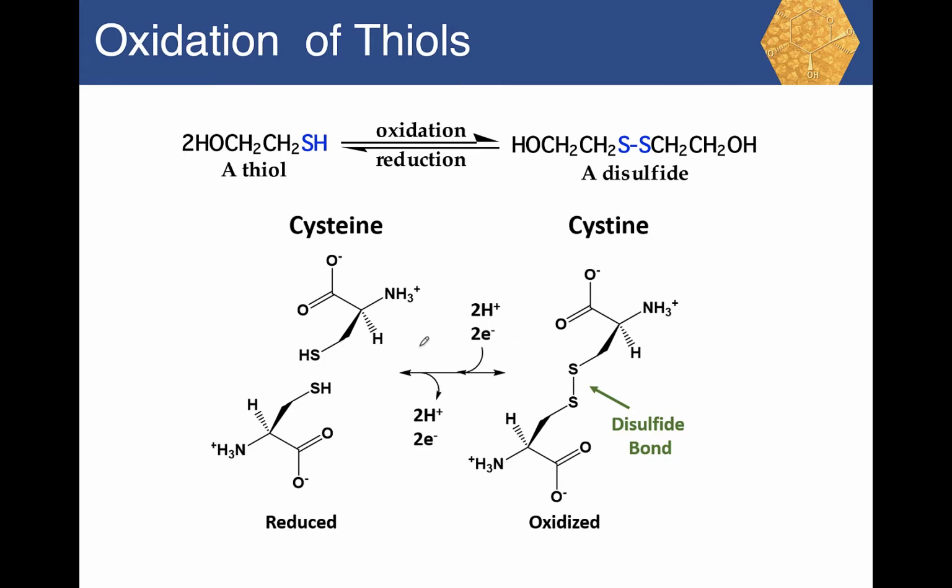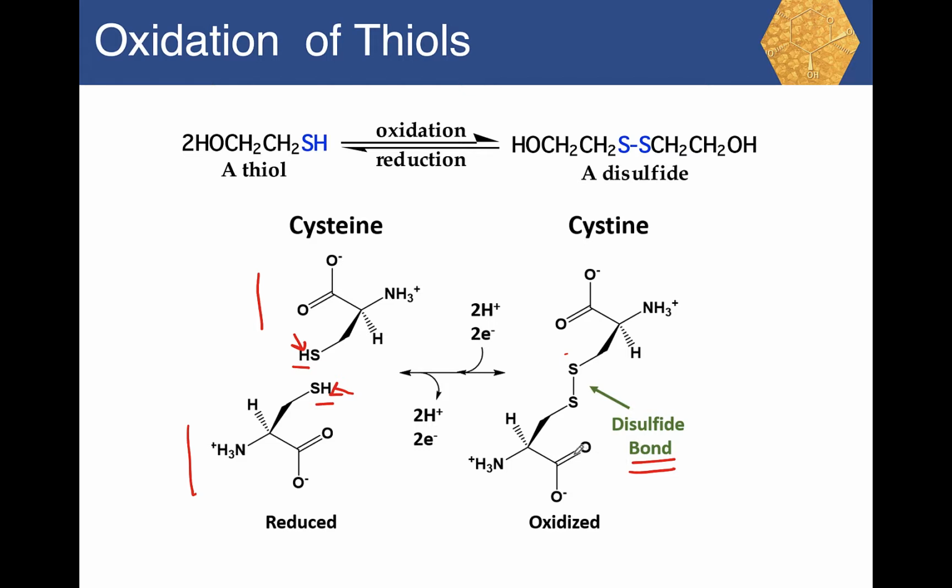So this is a particular amino acid known as cysteine. During the process of oxidation, here's a cysteine molecule, here's one, and here's another one. It has the SH and the SH. During the oxidation process, this H is lost and this H is lost to give here the disulfide bond as shown here.